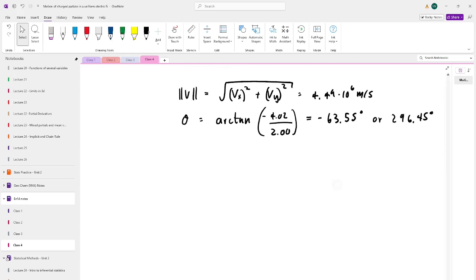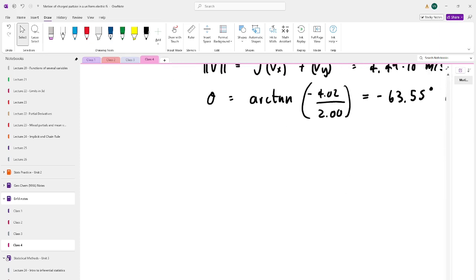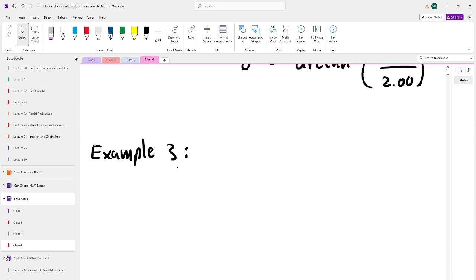Okay, so let's do example 3. Consider the plates below.